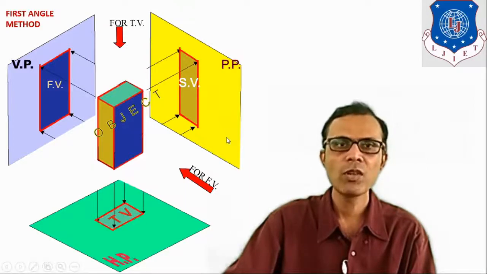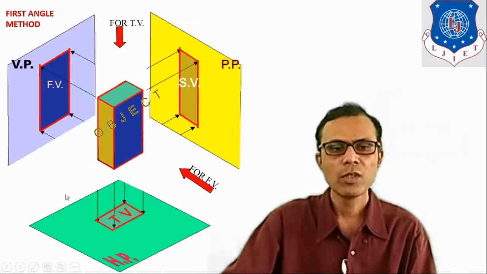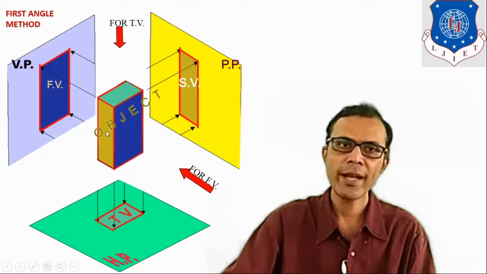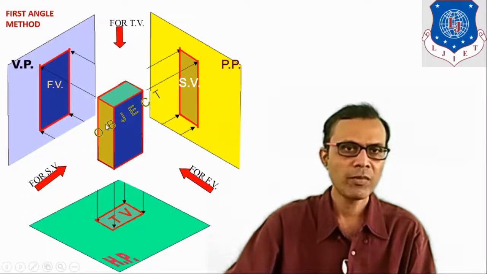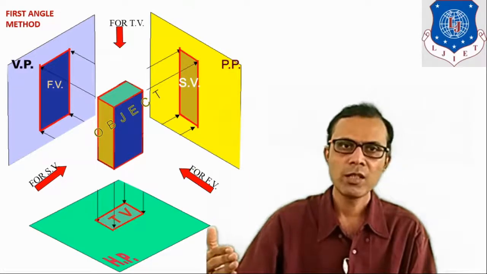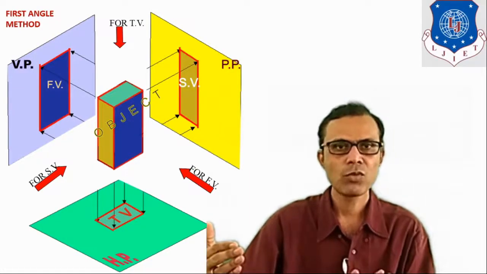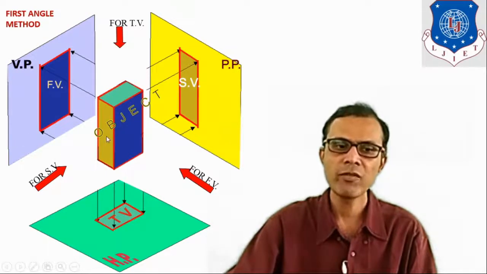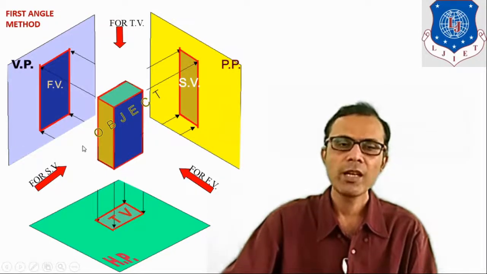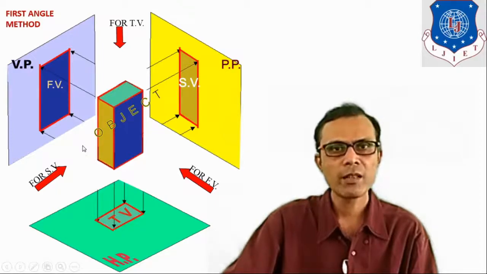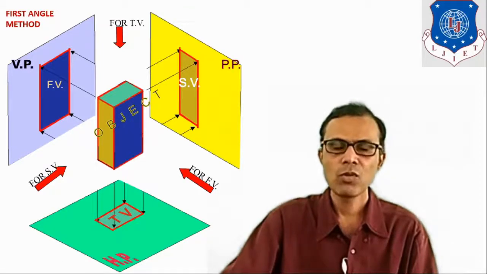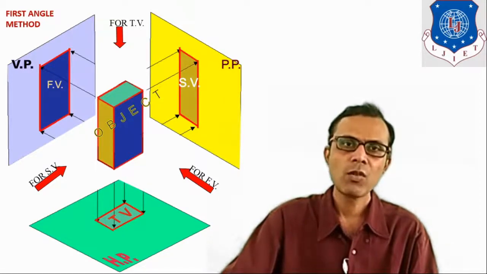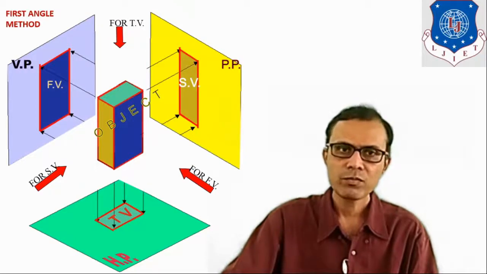And if we want to take another view, that is from the side of the object. With reference to the front view direction, this side is the direction for the left hand side view. It is a side view, but specifically, if we are looking from the left side of the object, the obtained view is known as the left hand side view.